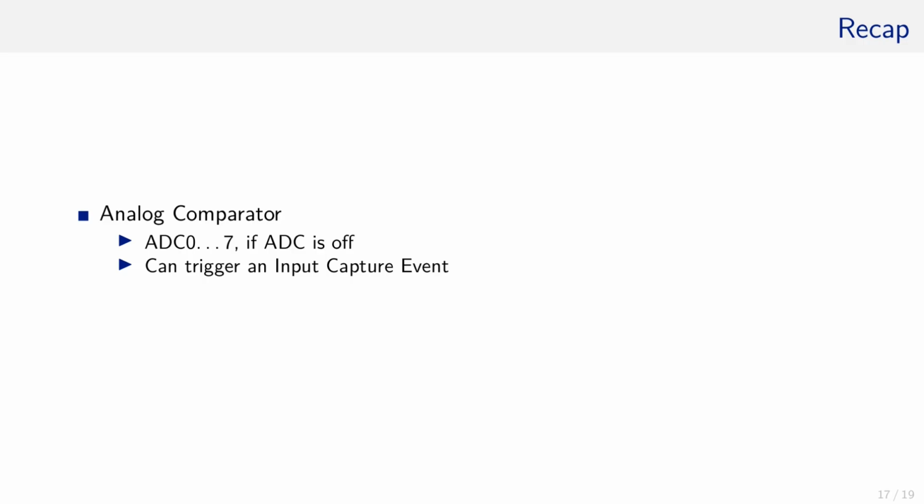And that is already all about the analog comparator. We learned that it is able to compare analog voltages, and it is helpful if only the information that a voltage is higher or lower than another voltage is required, without the need to know what those voltages actually are. Instead of converting them into the digital domain and comparing them in software, we just do it in the analog way, which is a lot more efficient.